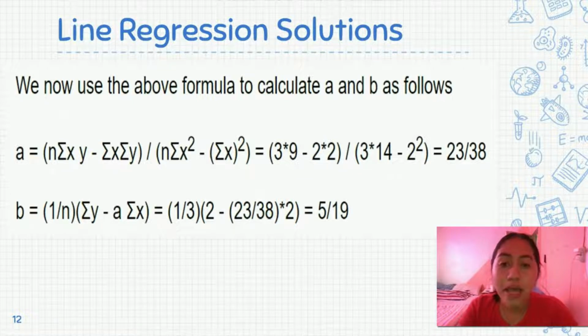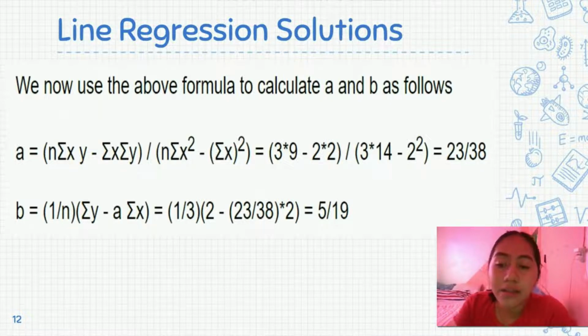That will be 3 times 9 minus 2 times 2 over 3 times 14 minus 2 squared. And the answer will be 23 over 38.